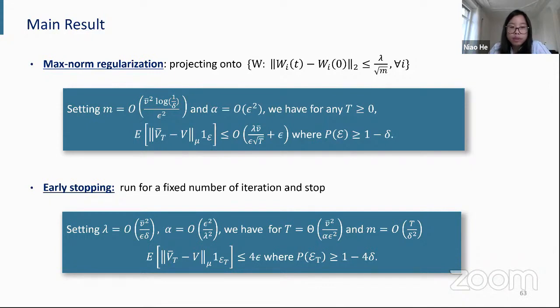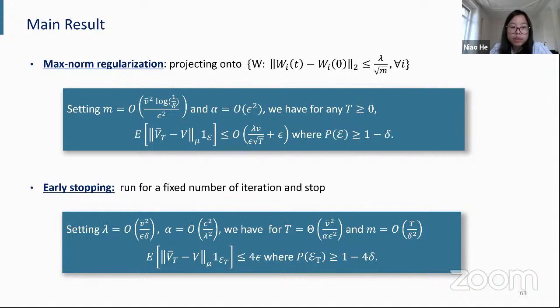If you run this many iterations, not more than this, and properly choose the step size, the number of neurons you need is of order t. So basically you need slightly more neurons than the number of iterations.